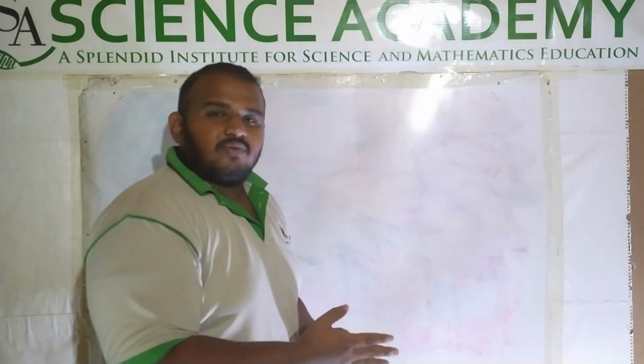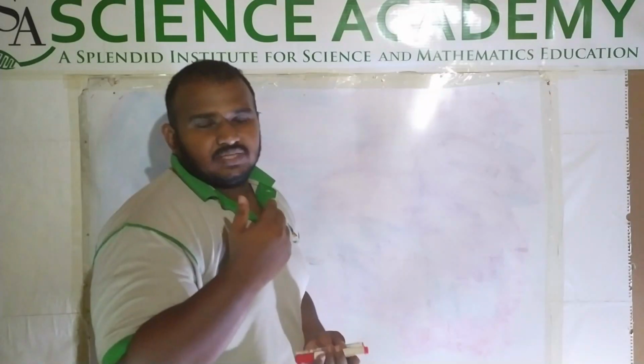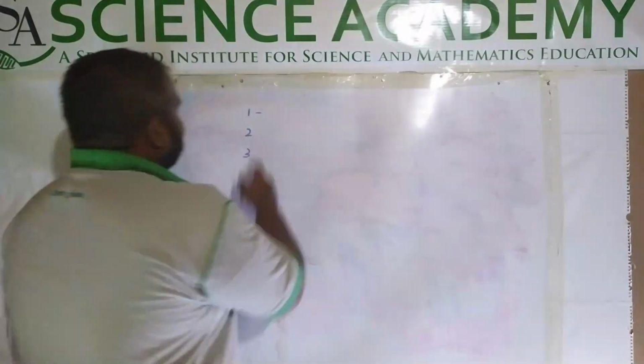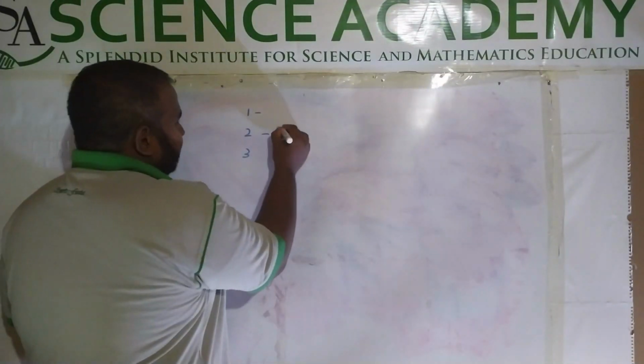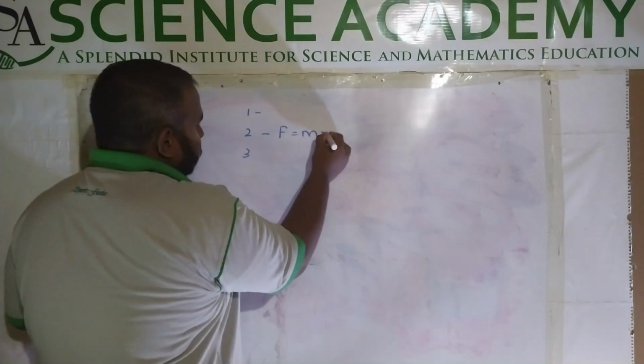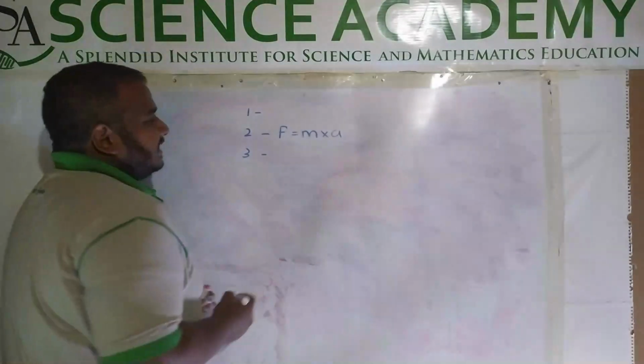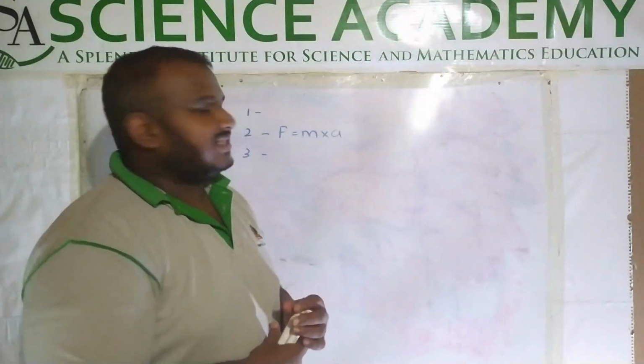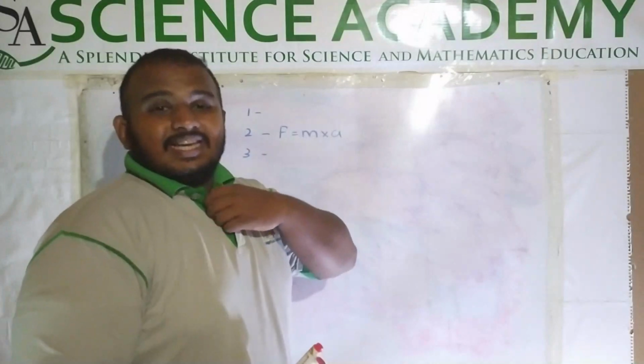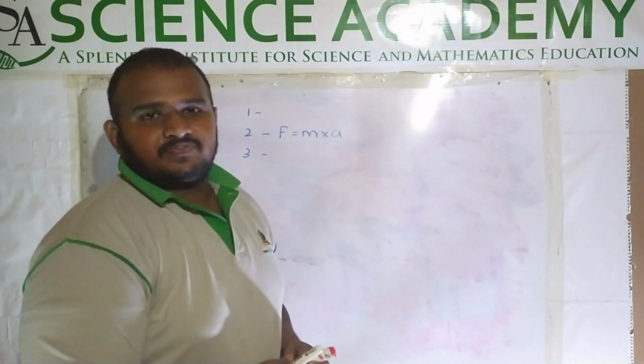The object moving at uniform velocity will move at constant velocity. Right? And in the second law, we derived an equation that F is equal to M into A. The force is equal to mass into acceleration. In the third law, we studied that every action has an equal and opposite reaction.